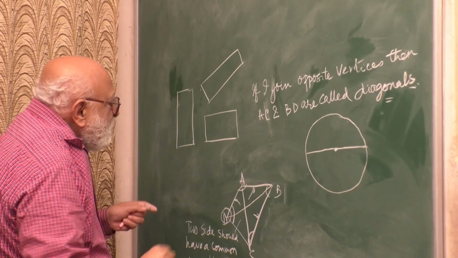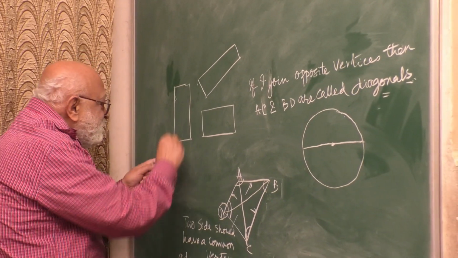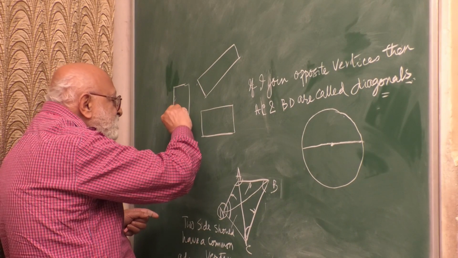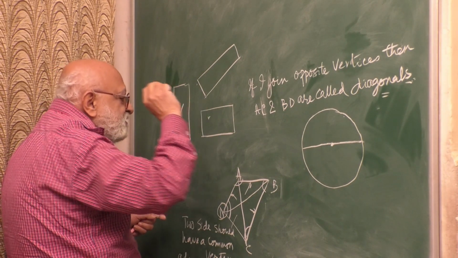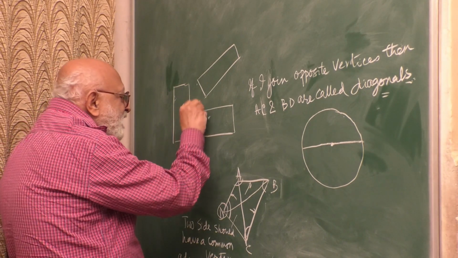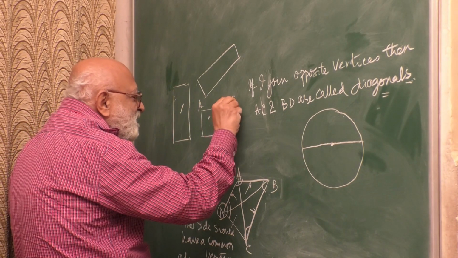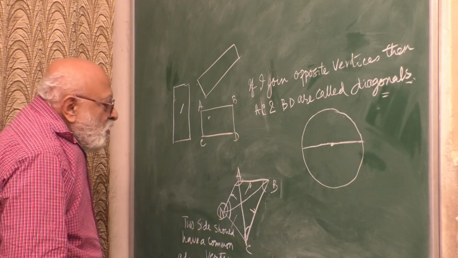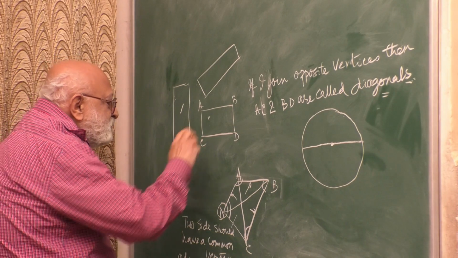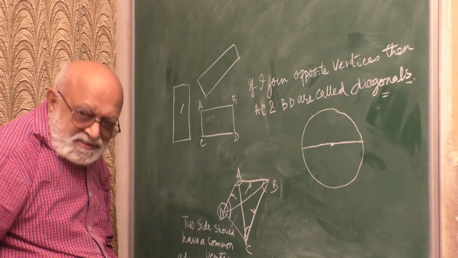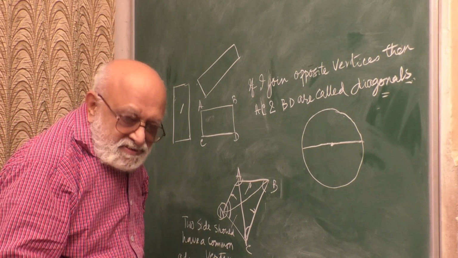Generally this is very convenient, so we will stick to this figure. Let us call the vertices A, B, C and D. We will now go through the first properties of the diagonals.